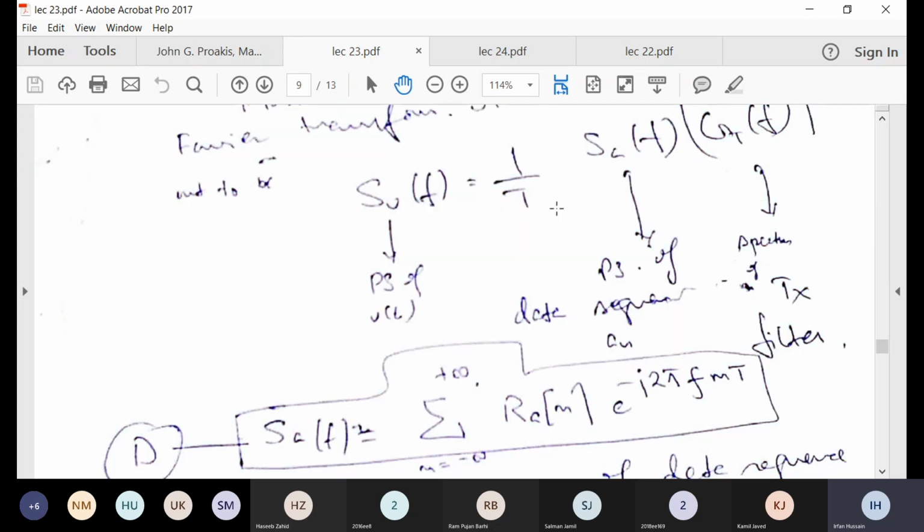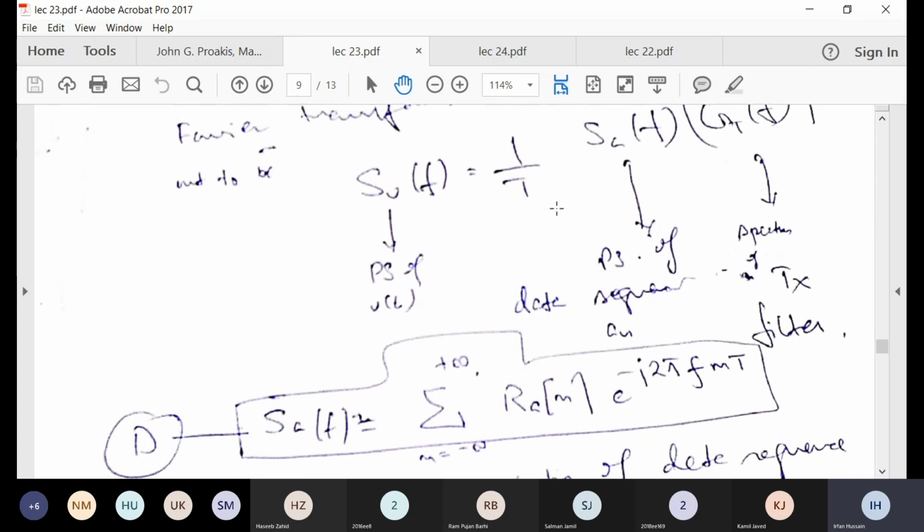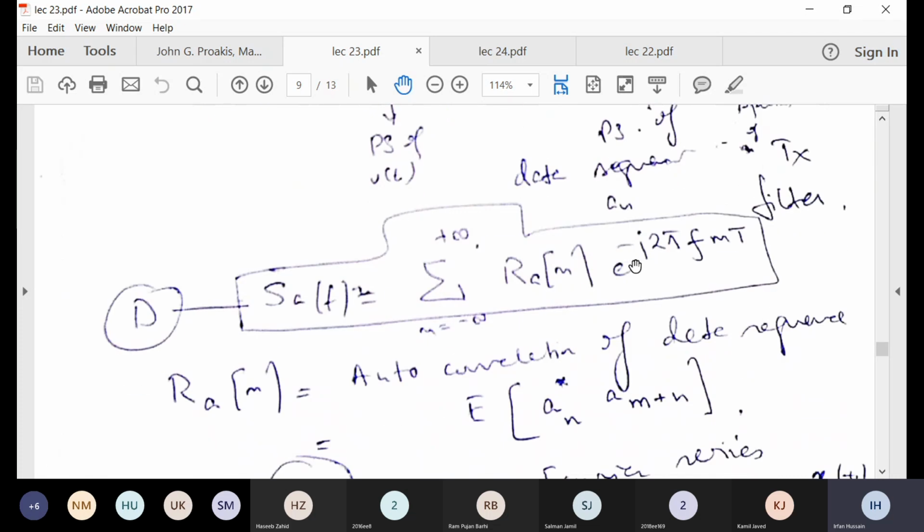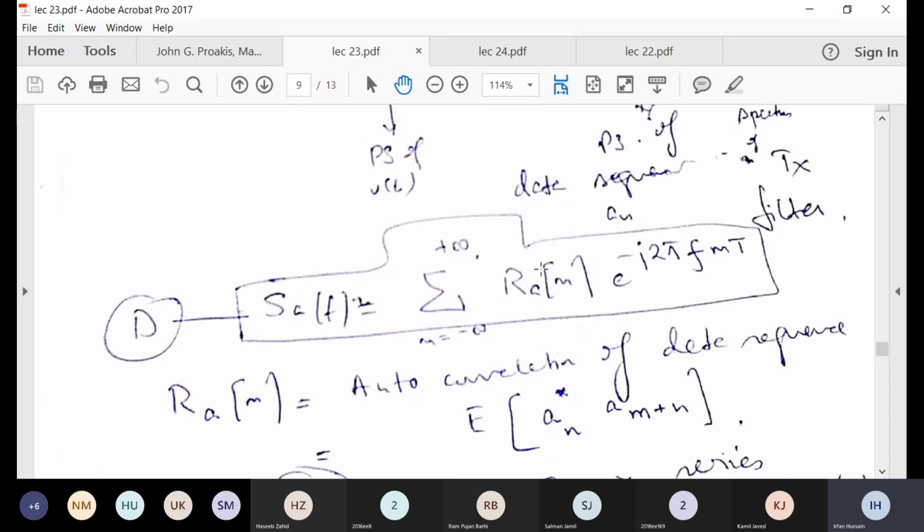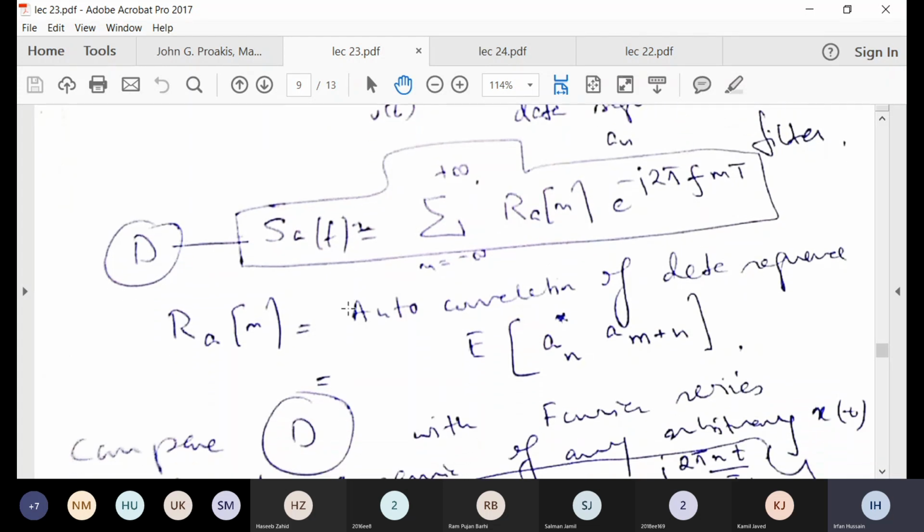So S_A(f) is the power spectral density of the data sequence: the autocorrelation of the data sequence, and then its Fourier transform gives me the PSD. Now, how can I find the autocorrelation function?